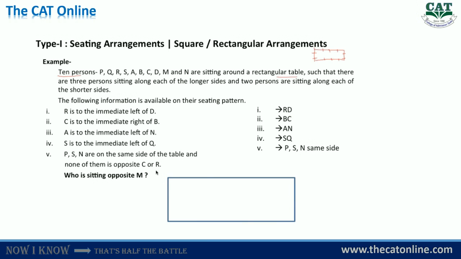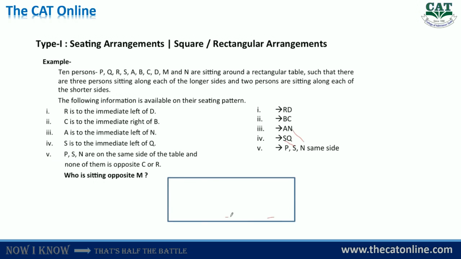Now, how do you start this question? So let's start plugging in the information. But where to start? Well, we have N common and S common. And we know that P, S, N would be on the same side in some order, according to this fifth information. So it means A has to be on one of the edges, and it has to be towards the left of N. N cannot come over here.